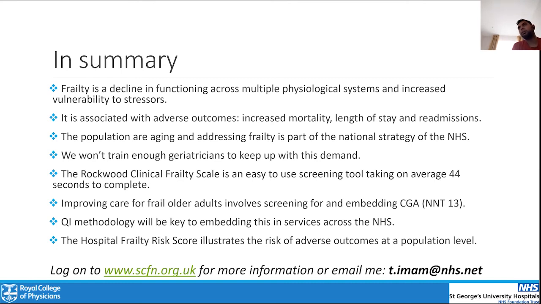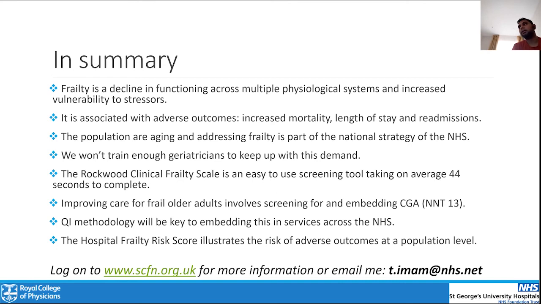And the way to embed this type of frailty screening is by using quality improvement methodology, which you can read more about in the toolkits that I've shared, or by looking at the NHS Institute for Improvement guidance on their website.